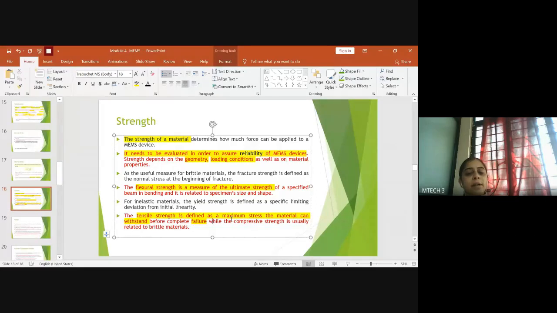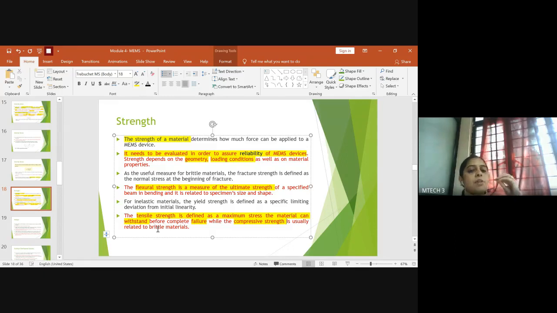But the compressive strength you determine will be related to brittle materials. Tensile strength comes into picture in case of ductile material, where it can elongate until its limit before fracture. In case of ductile material, it can compress and expand, deform and come back to the original position. So this is related to brittle materials.